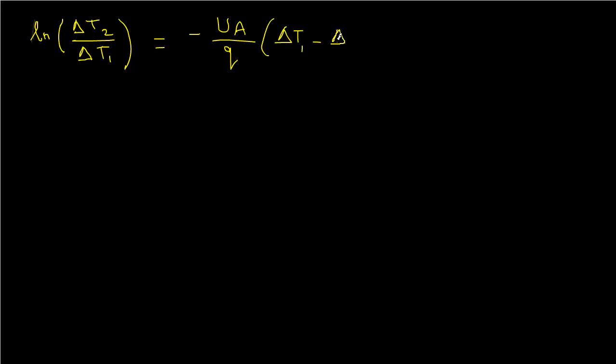So Q then, by rearranging the terms, Q equals UA delta T2 minus delta T1 divided by natural log of delta T2 over delta T1. Note that the negative sign was absorbed in this equation.